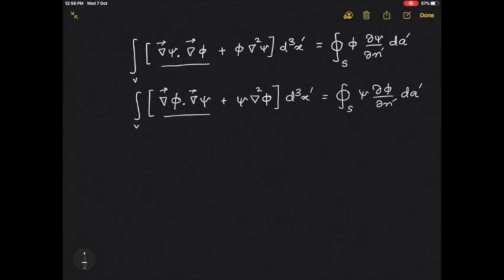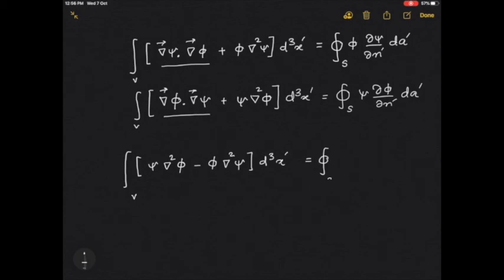A dot B is obviously B dot A. So after subtraction, and I choose to subtract the first from the second, that is just for our later convenience, that is what remains in the left hand side, which is a volume integral again completely.